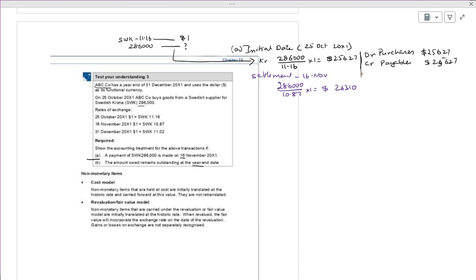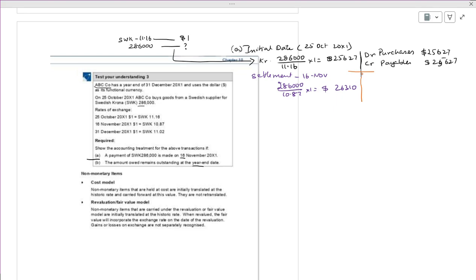If you pay the first time, how much would you pay? 25,627. If you are paying on 16 November, how much are you paying? What is the difference? 25627 minus 26310.